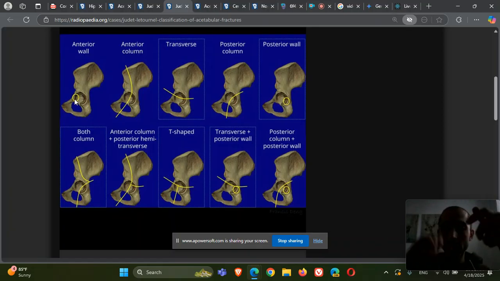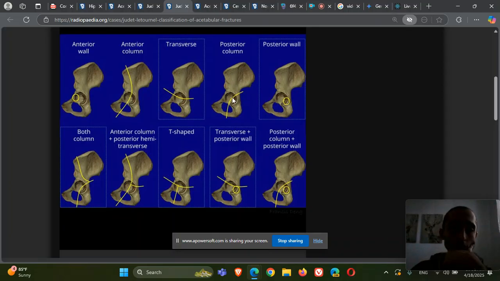So don't, let's call it, get perplexed: anterior column and anterior wall, posterior column, posterior wall. Those are different things. You have the anterior wall, which is the anterior part of the acetabulum. You have the posterior wall, which is the posterior part of the acetabulum.